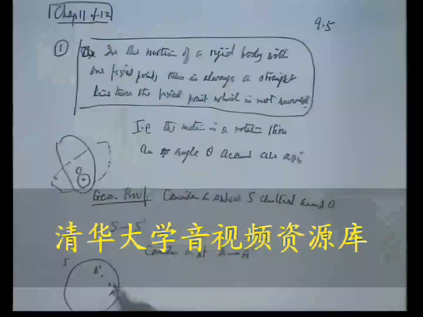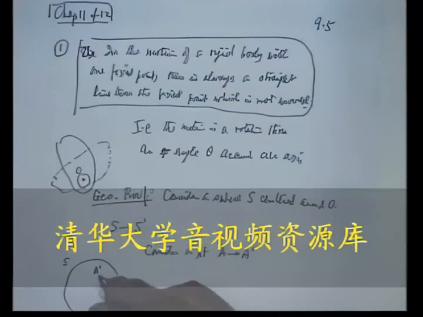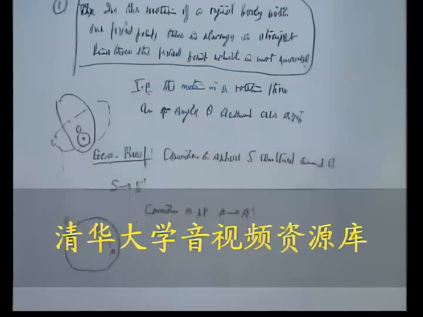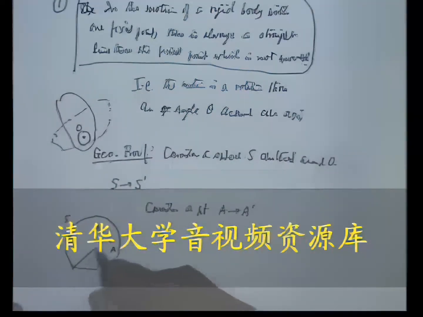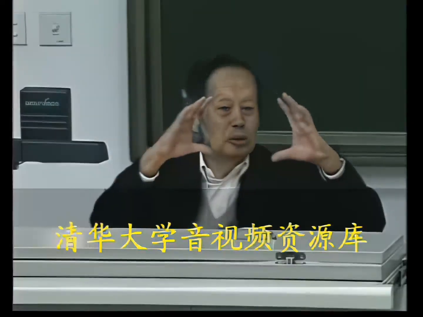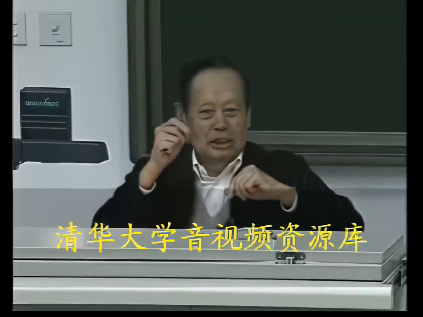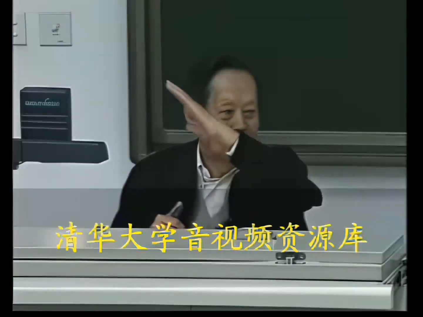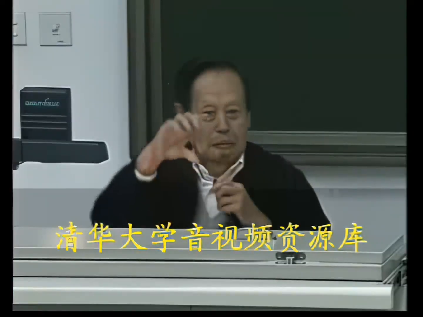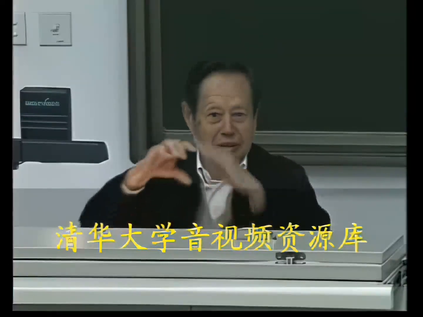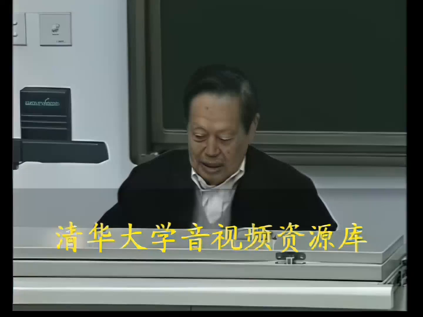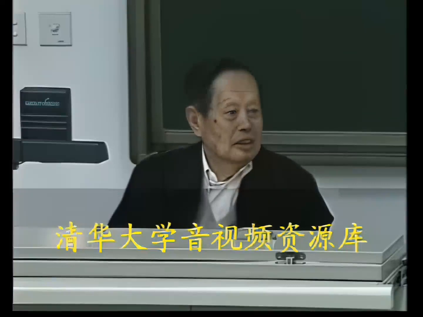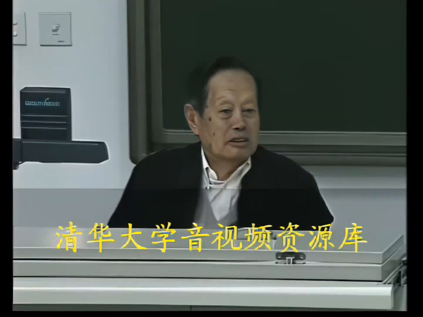Now I cut the line between A and A prime by a plane, the perpendicular bisector. Can anybody tell me what is this intersection? What is that called? It's called a great circle.